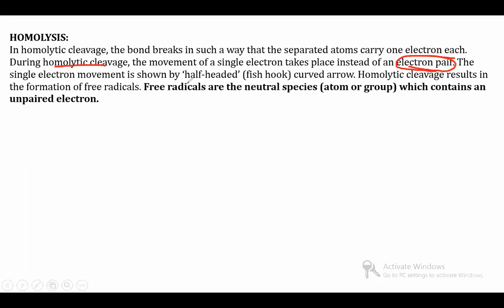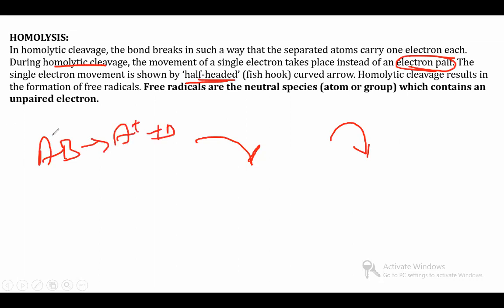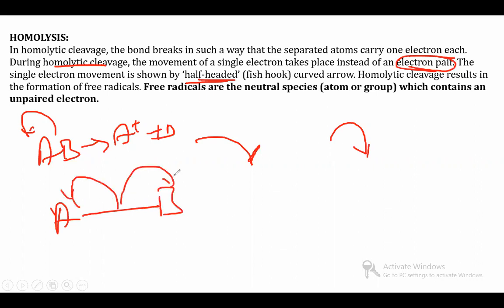Single electron movement is represented as a half-headed arrow, also called a fishhook. In earlier reactions, we represented cleavage of AB to form A plus and B minus, where the A and B bond breaks unequally.